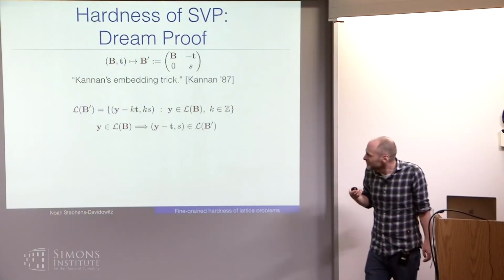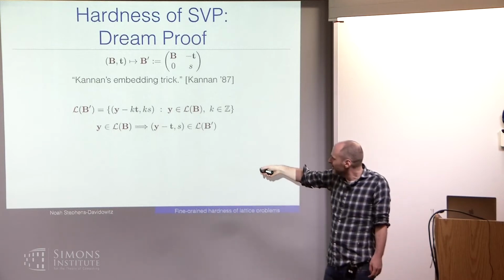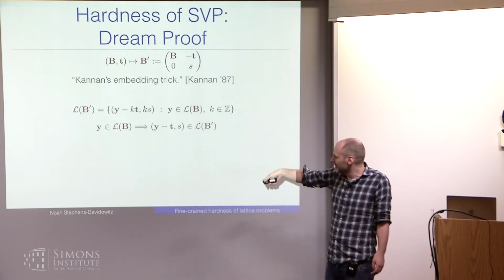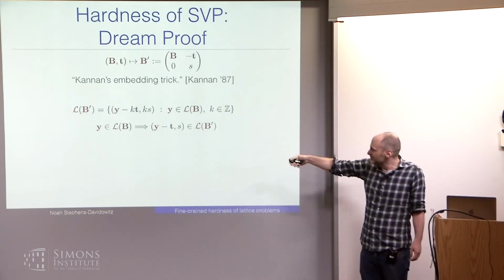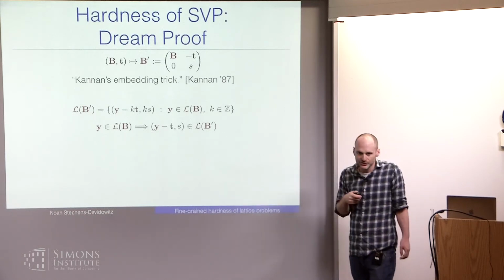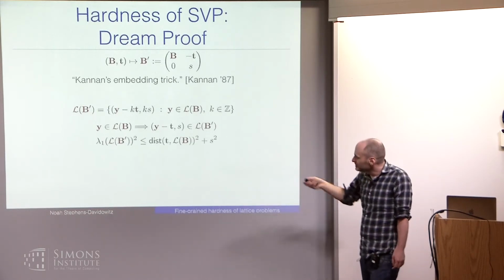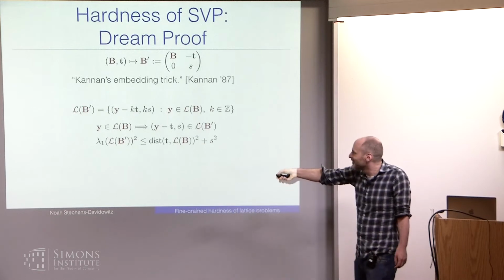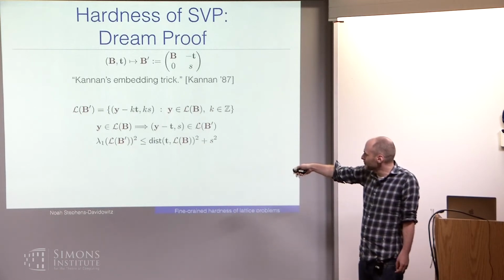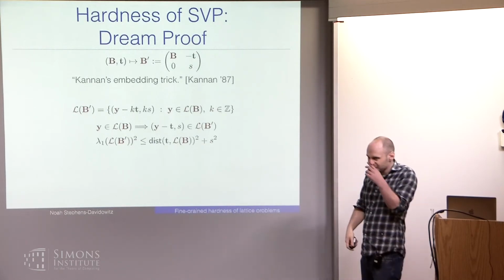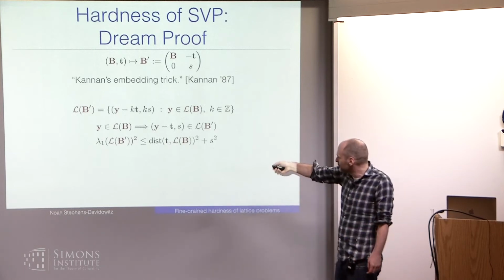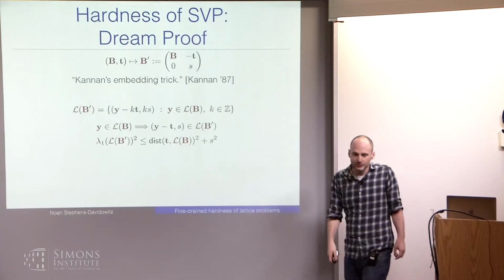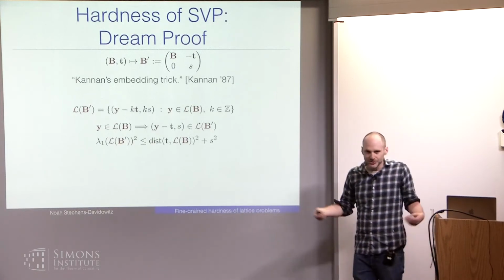In particular, this means that if you have some vector y in the original lattice, then you have the vector (y minus t, s) in the new lattice, which means that essentially lambda 1 of the new lattice is at most the distance. You lose this little factor s. But if you have a close vector in your original lattice, then your new lattice will have a short vector, right? But there's a problem with this, right?